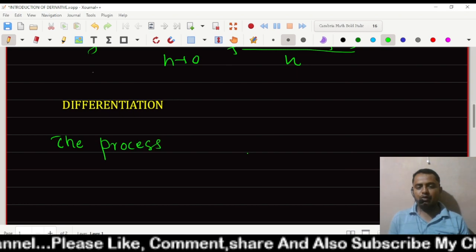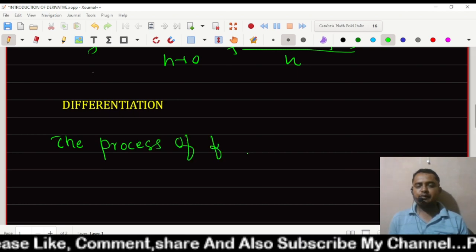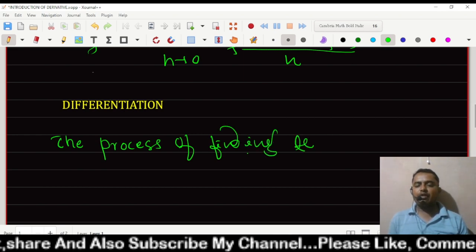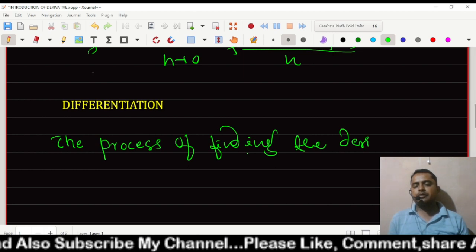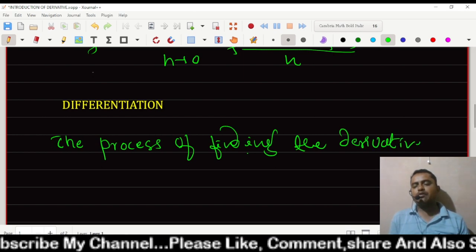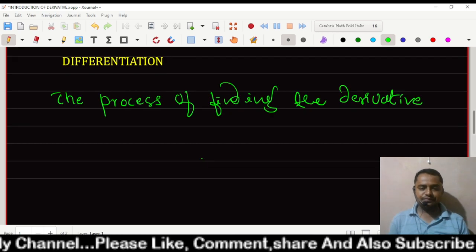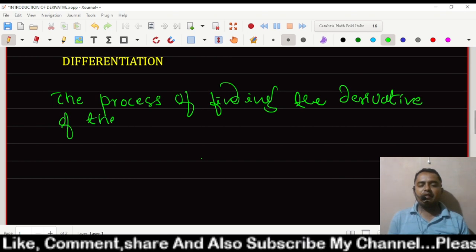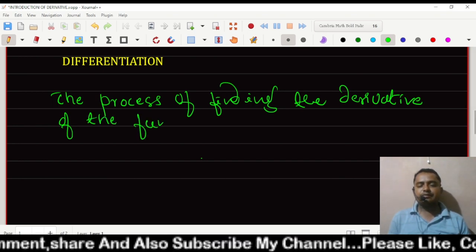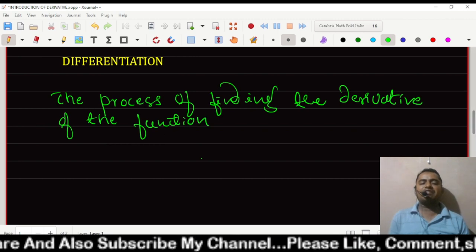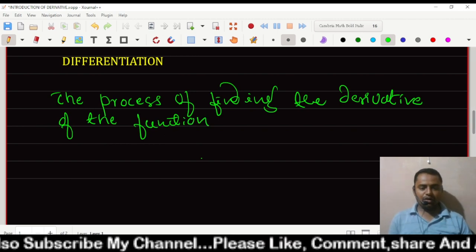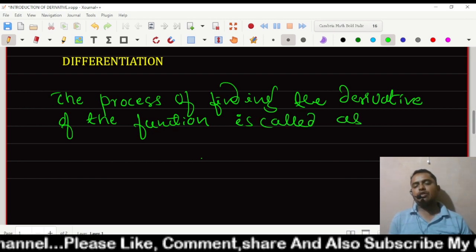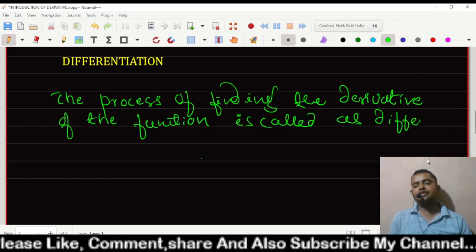The process of finding the derivative of the given function is called differentiation.